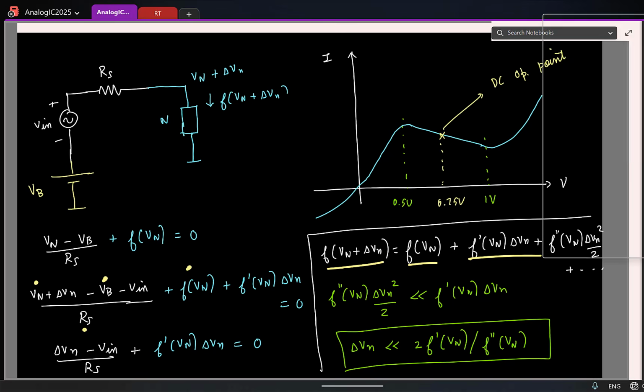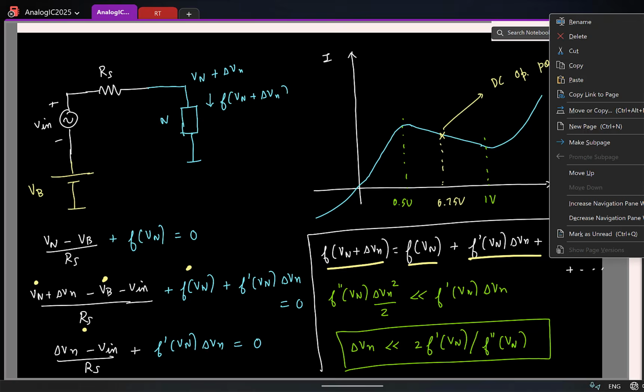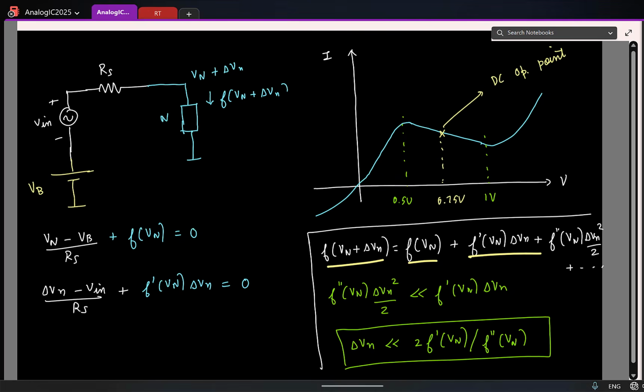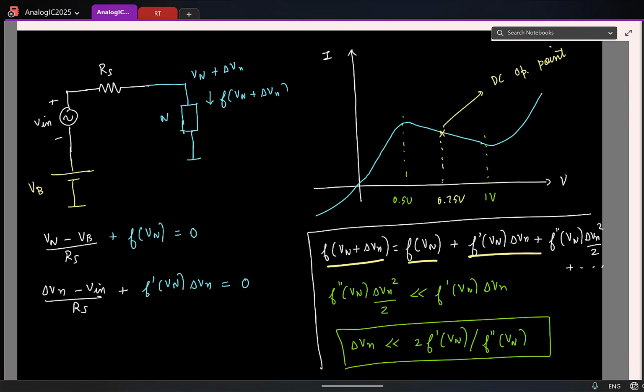So let me just erase some things. I'll erase this intermediate step. So this is what we'll have, and this is what we have to solve. Okay. So now this is the equation. Let's try to see how the circuit will look for this. The first term is essentially delta Vn minus Vn by Rs.